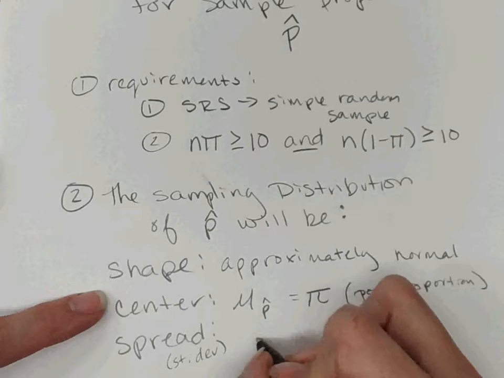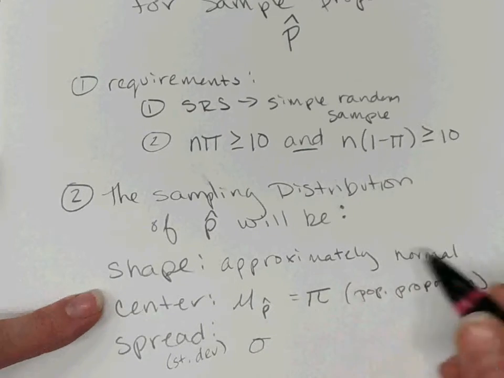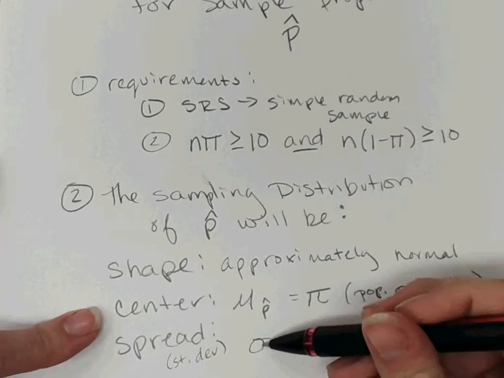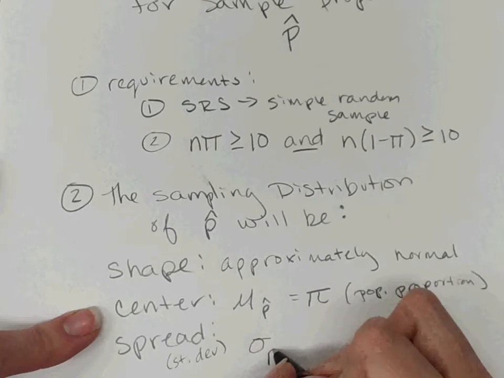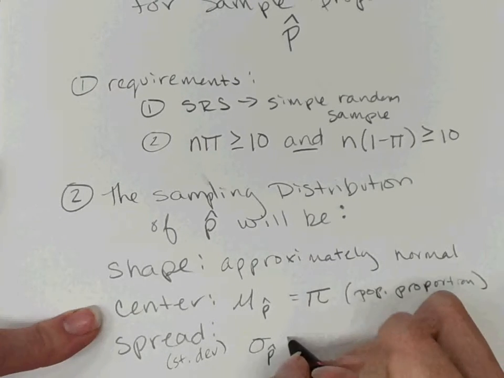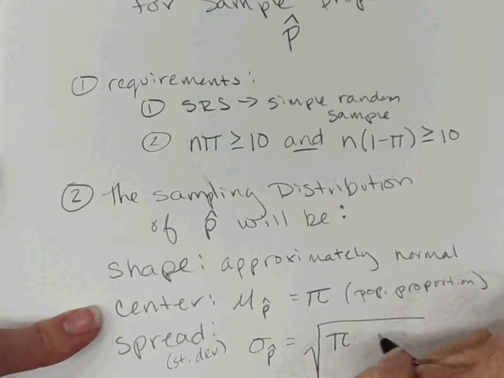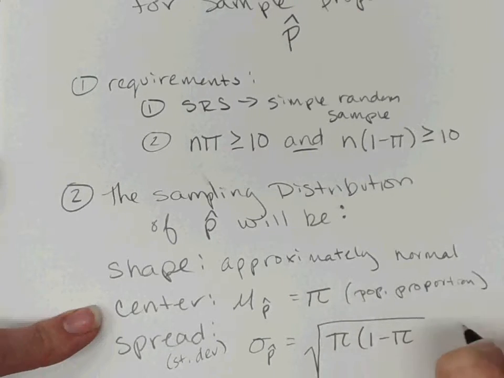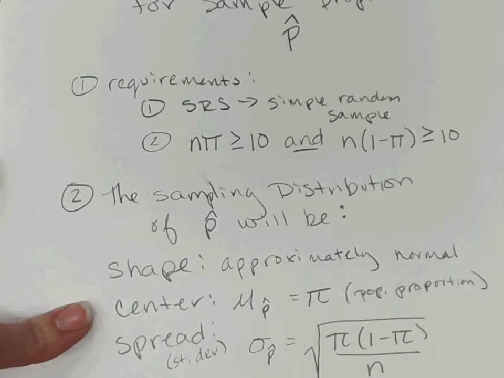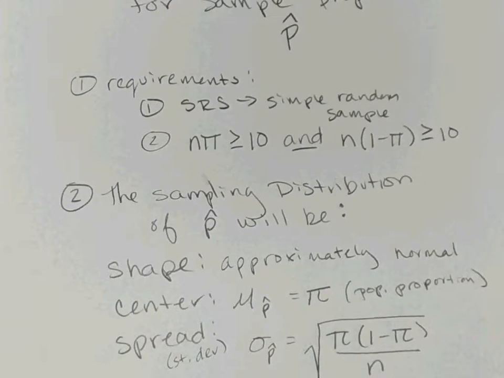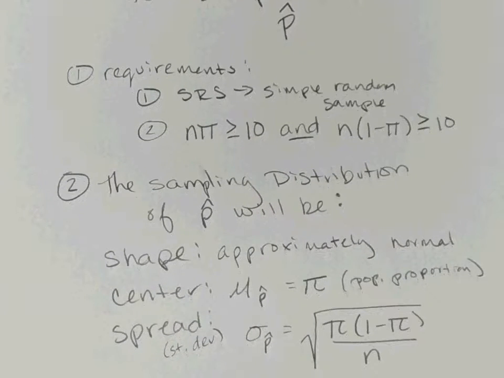This one we have a formula that we're going to be able to figure out. So the population standard deviation of all of my p-hats is equal to the square root of pi times 1 minus pi all over my sample size. This formula looks a lot more complicated than it actually is. As we practice this a couple times, then you'll notice it's really not nearly as bad as it seems.